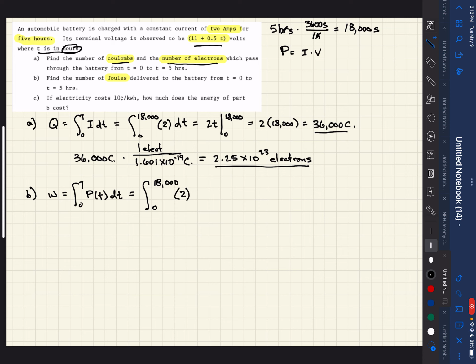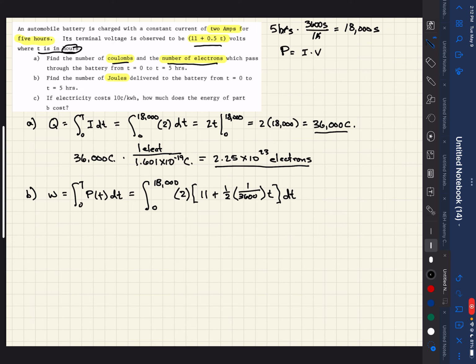So we'll take the expression they gave us for volts, which would be 11 plus 1/2, and then we have to multiply that by 1 over 3600. So we're going backwards from what we did up here at the top. And that changes our seconds back to hours, and then that's times t. And then that's integrated with respect to t.